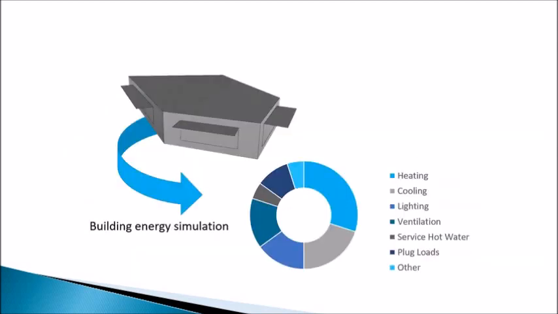So what do we simulate? In building energy simulation, we can simulate heating, we can simulate cooling, we can simulate energy use for lighting, we can simulate energy use needed for ventilation, and we can simulate various other parameters of the buildings.